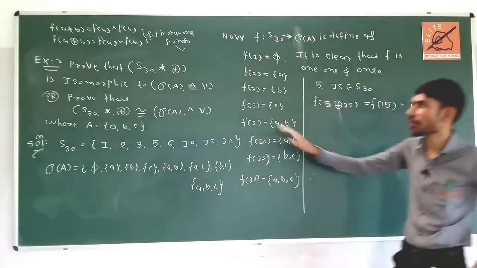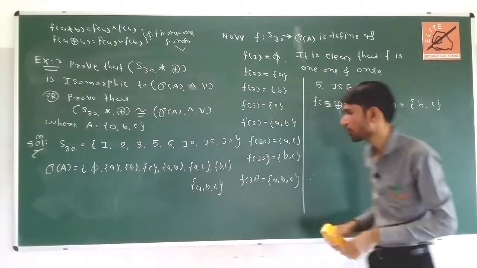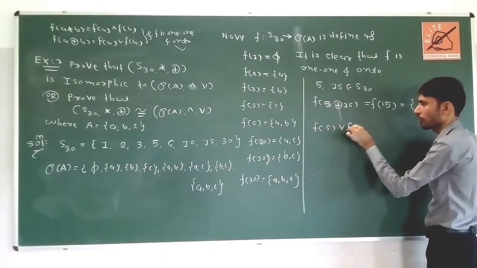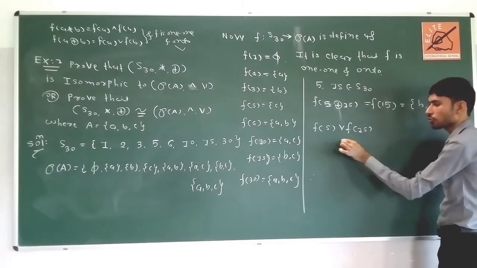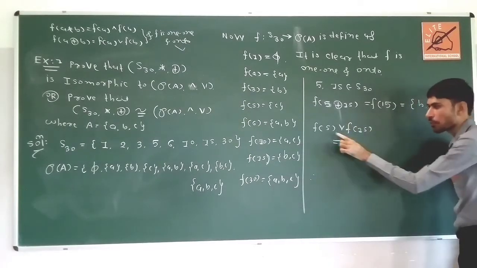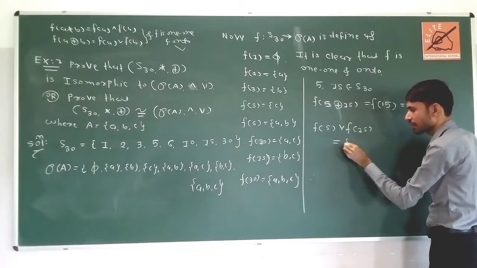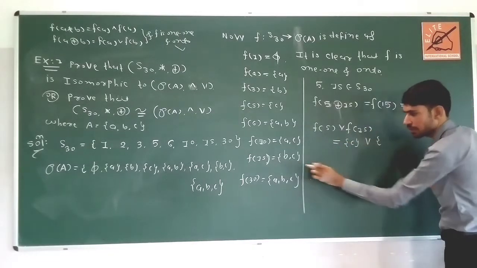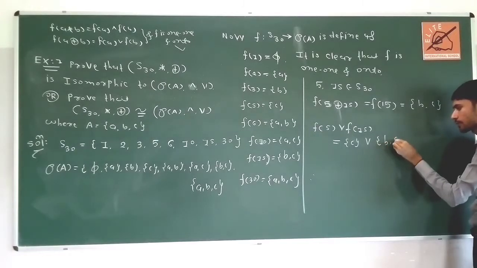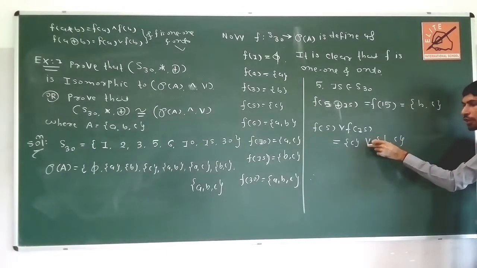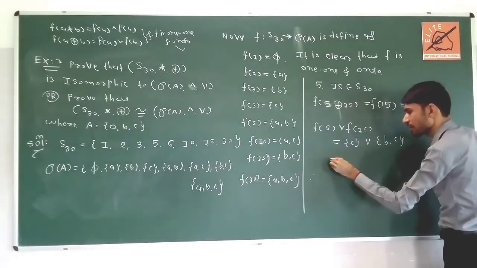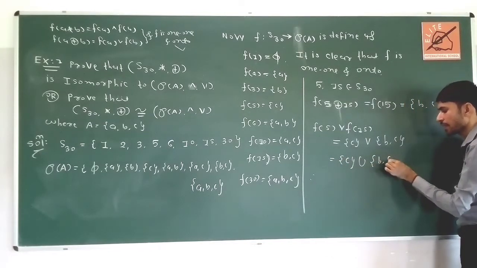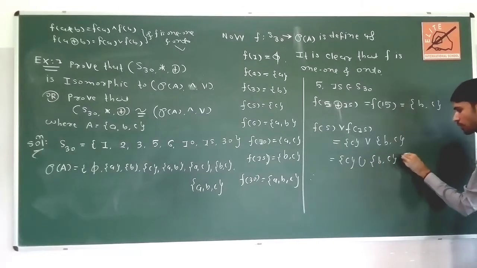Now we find the value of RHS side, means f of A join f of B. So f of 5 join f of 15. First of all here we write the value. f of 5 is nothing but the singleton set C, join image of 15 is BC. મિત્રો જોઈન કોણ આપણા જે જોઈન્ટ છે એવું થઈ જશે યુનિયન થઈ જશે, means set C union between B and C. What is the union of this?